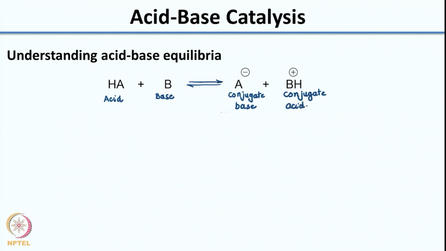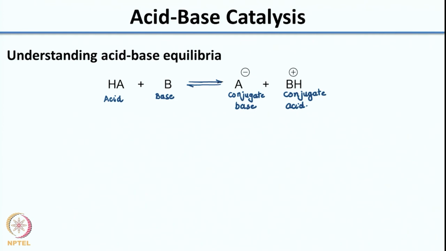So, you get the conjugate base by the dissociation of the acid. Now, if you look at the right, you have another acid and another base. If the conjugate acid gives its proton, you get the base. If the conjugate base grabs a proton, you get the acid.